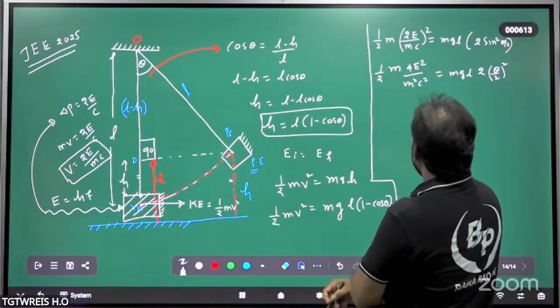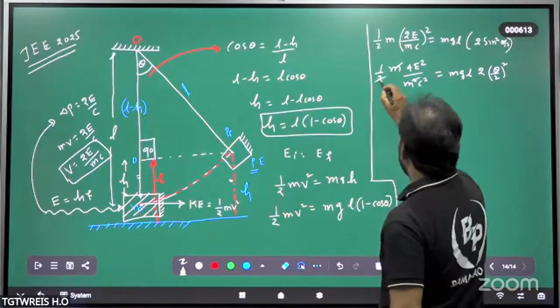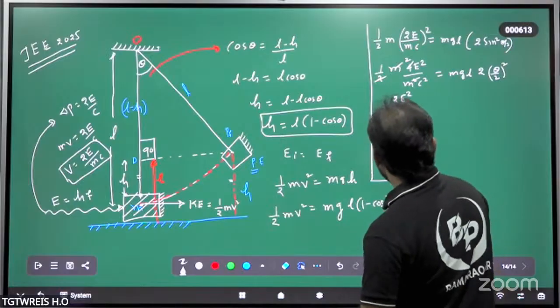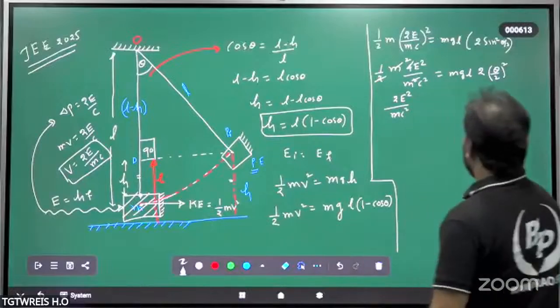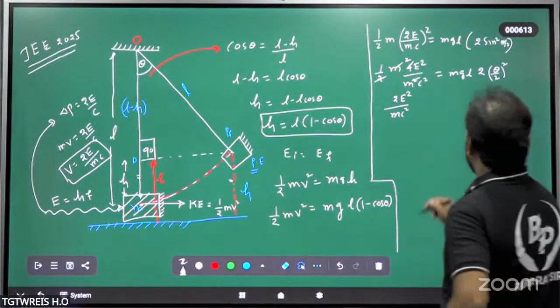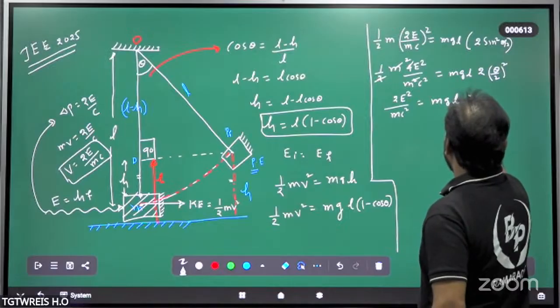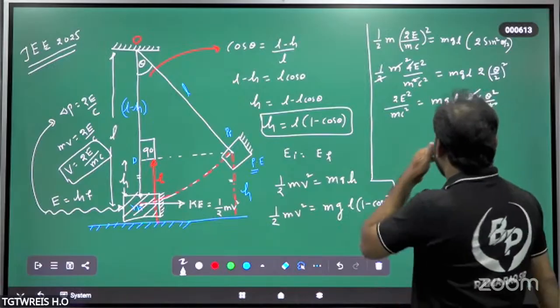Okay. So m and m get cancelled out. 2 ones are 2, 2 twos are 4.